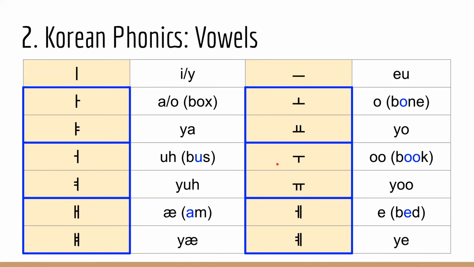These are also pairs, u and yu. And lastly, the last pair is e and ye. Just don't get confused with these because these two are very similar.